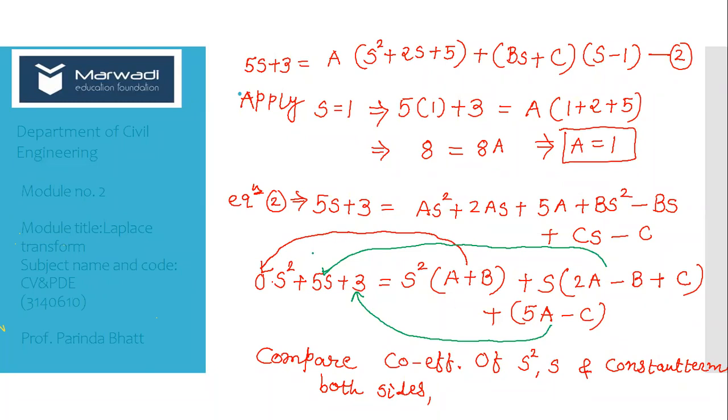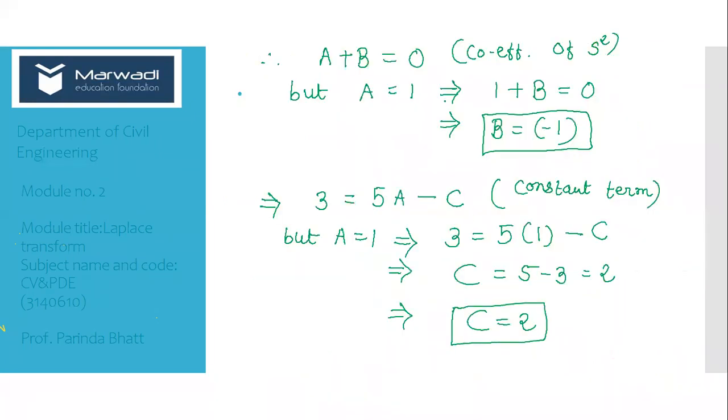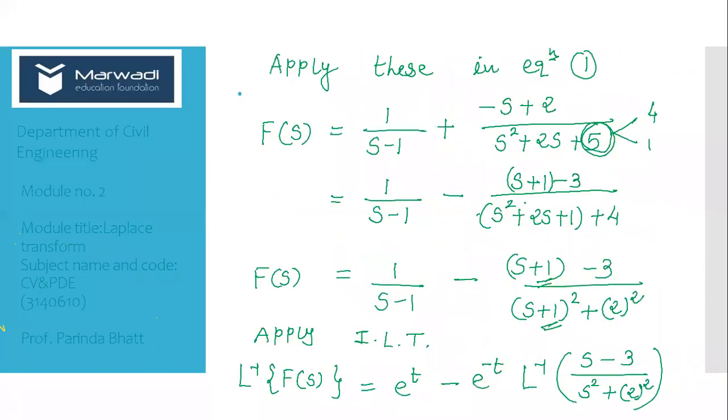And then compare both sides of the equations, right? And we get the value of A. Therefore, we utilize the s square coefficient equation and the constant term equation, and we get the values of B and C. Okay. Apply this, and here is one new term in this question in the denominator, that is not a perfect square, therefore converting it.